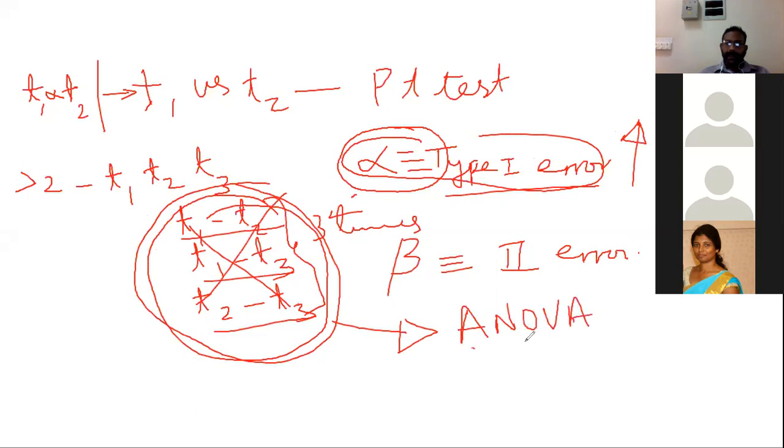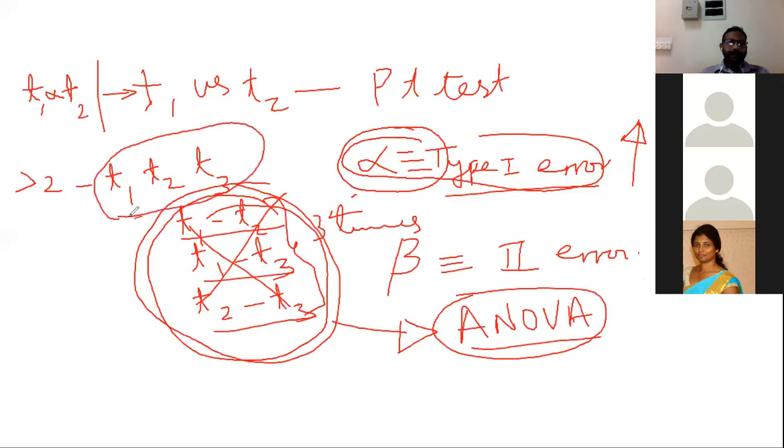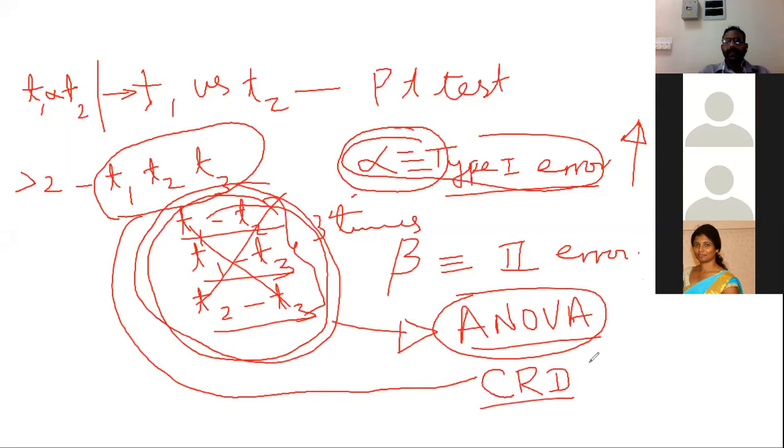We introduced this Anova during our first course, along with regression, as somebody said last time. So we can put these three treatments into the basic design. The first design that we are learning is the complete randomized design, called CRD.